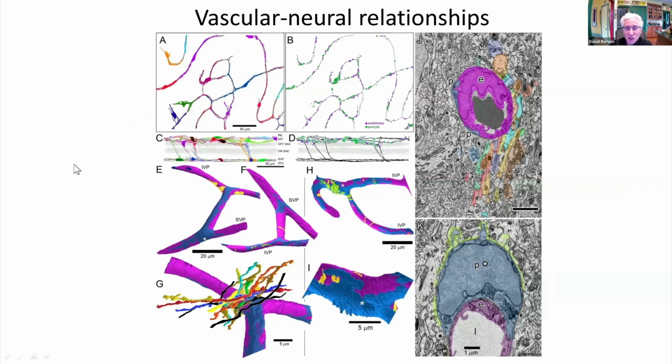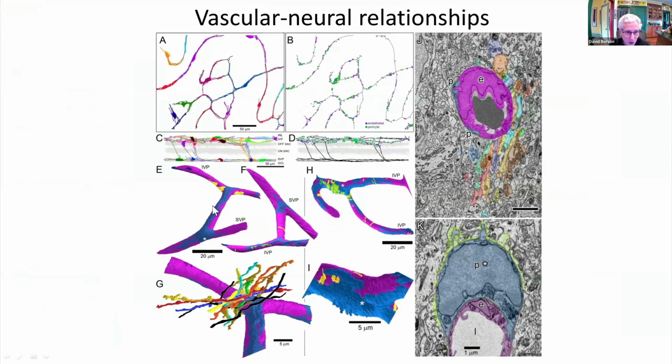We've been reconstructing vascular relationships in the retina using this large volume. So this is the whole volume here, and we've mapped all of the capillaries at one level of the retina, and what you're looking at are actually skeleton reconstructions of the pericytes, the perivascular cells, shown in blue, wrapping the endothelial cell and the lumen of the vessel here.